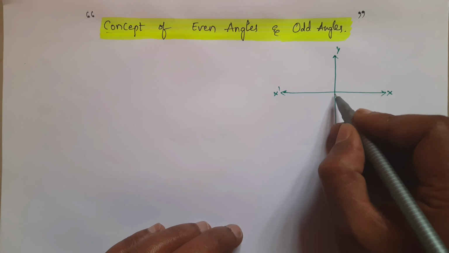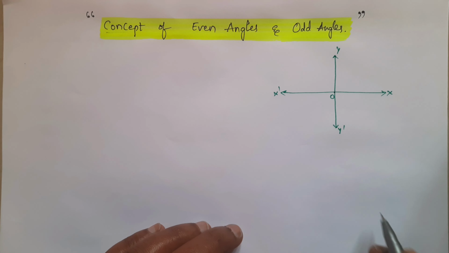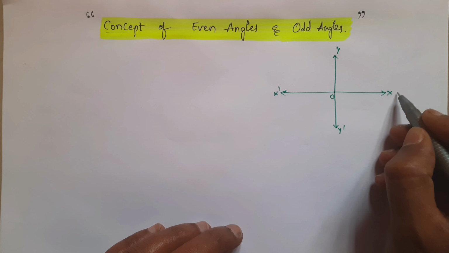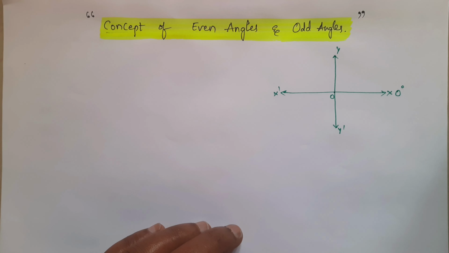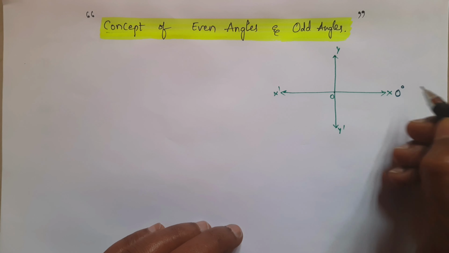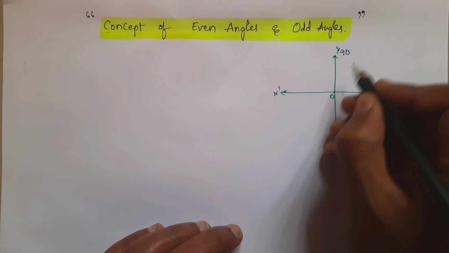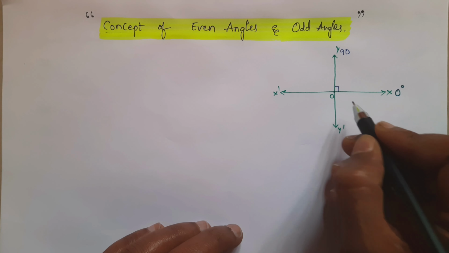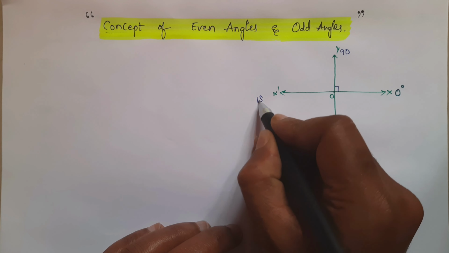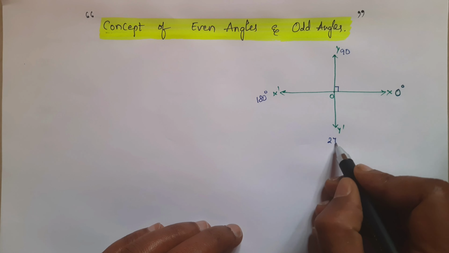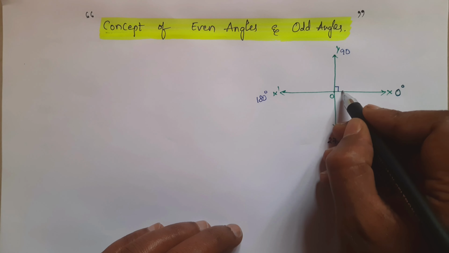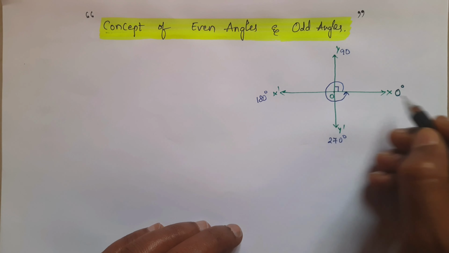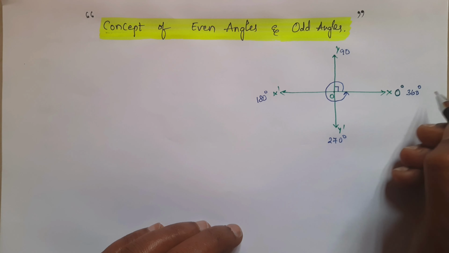So for example, if we consider this as the origin, here the x-axis angle will always be 0 degrees, right? Next, here the angle is 90 degrees. Why? Because perpendicular. And here the angle is 180 degrees. And here the angle is 270 degrees. And again, if it completes one complete revolution, it will become 360 degrees, right?